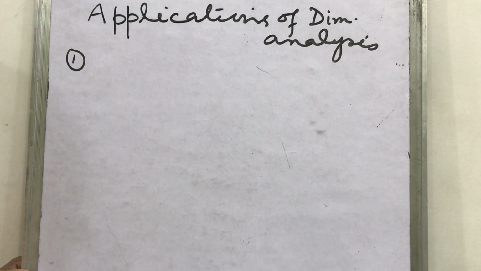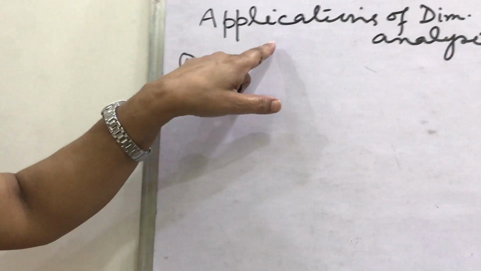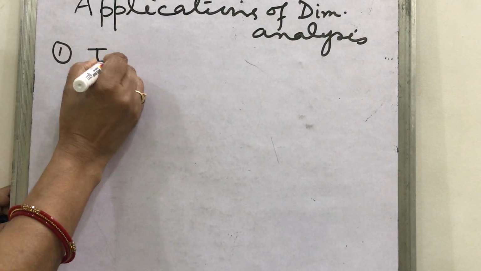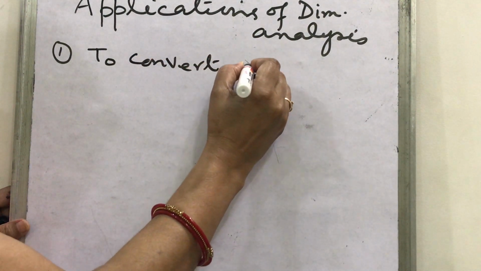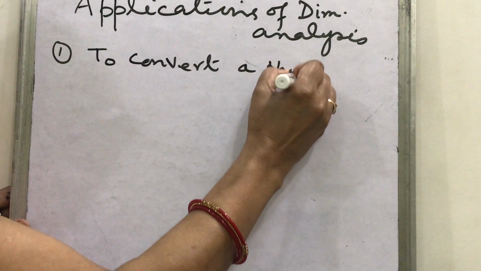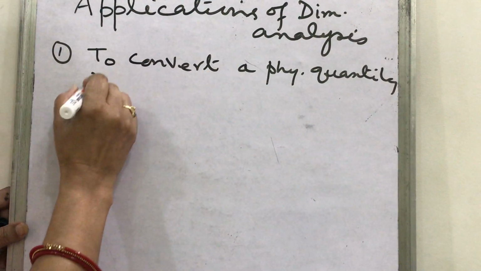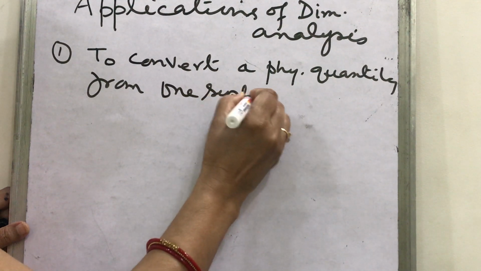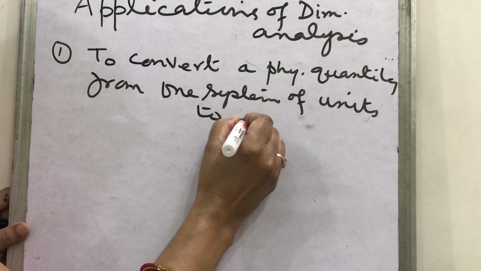The first is to convert a physical quantity from one system of units to another. How?